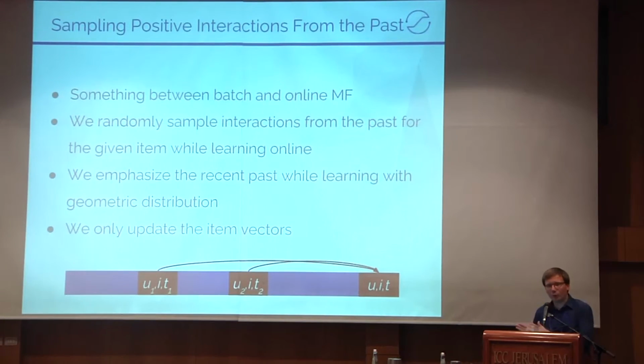And we're just going to relearn on this record similarly in an online style, like for the original record. So we randomly relearn records from the past, and we always update only the item vector. So we do not do anything with the user vector, but we get the item vector closer to the past. With this, we can simulate a batch-like learning for the item part of this matrix factorization model.